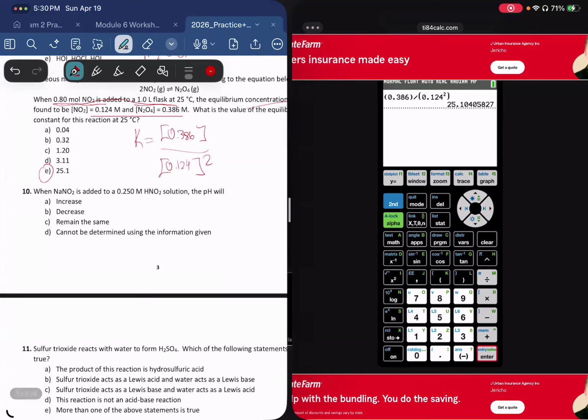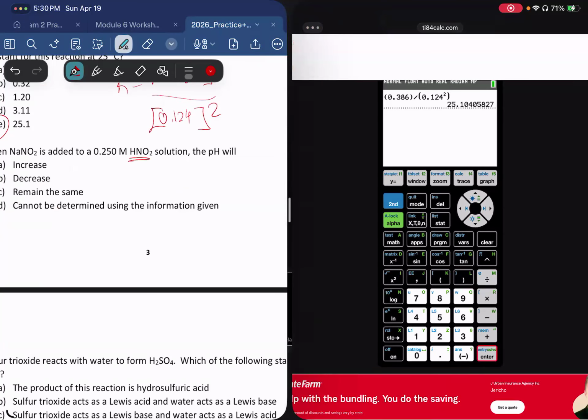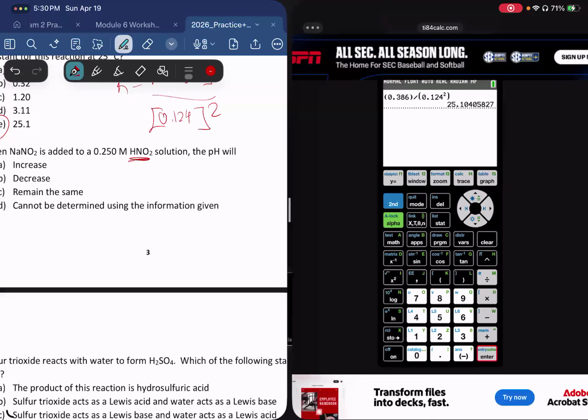Number 10. 10's a little interesting. 10's asking what will happen when you add sodium nitrite to a solution of nitrous acid. You want to be familiar with that. This is a weak base. Or even if you're not familiar with this being a weak acid, you should be familiar that this is a weak acid.